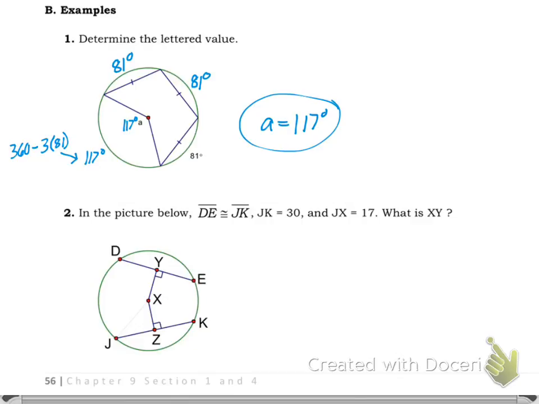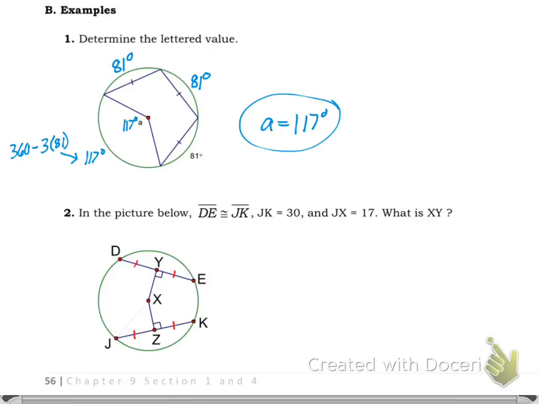Okay, in the picture below, DE is congruent to JK. Well, that's a whole bunch of information right there. So JK and DE are congruent. Based upon them being congruent, I can immediately, it's hard to actually write that down, so we just know that JZ is congruent to ZK, which is congruent to YE, which is congruent to DY.